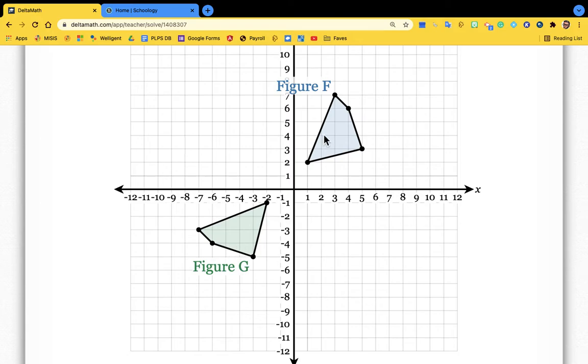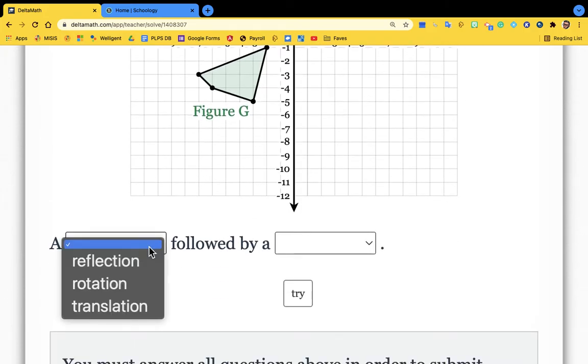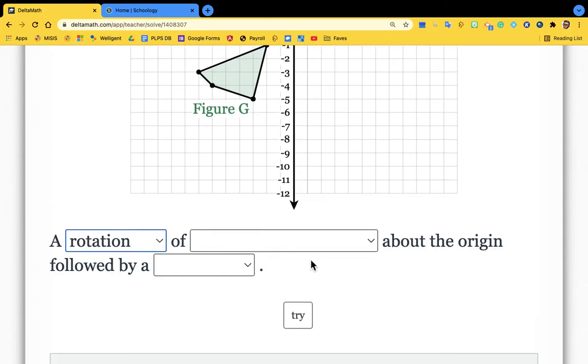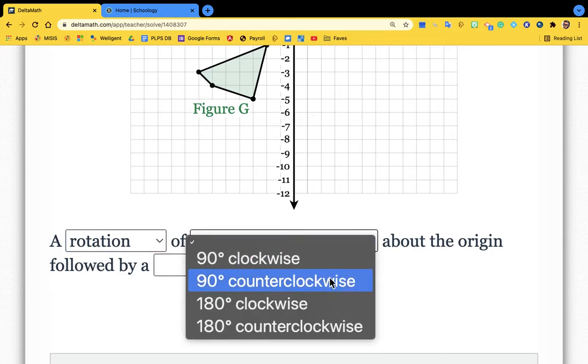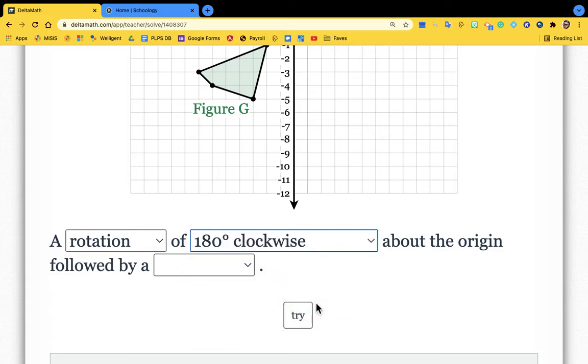So I kind of see that if I rotate clockwise, I'm going to do a rotation of clockwise 80 degrees. Now everybody see this try button?